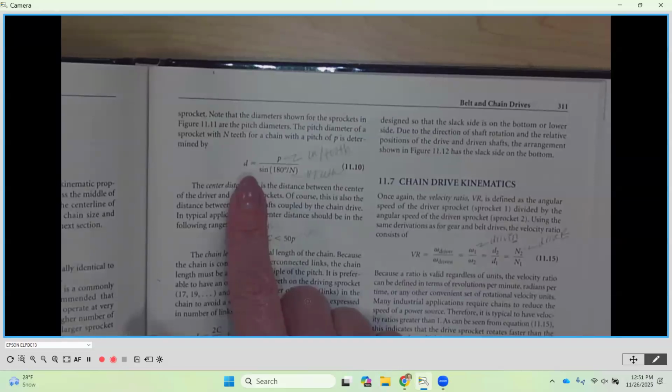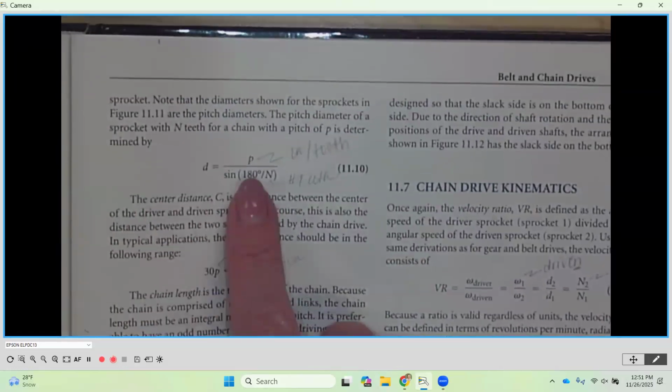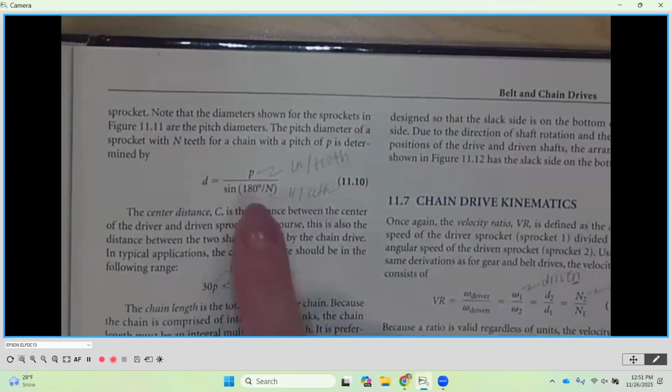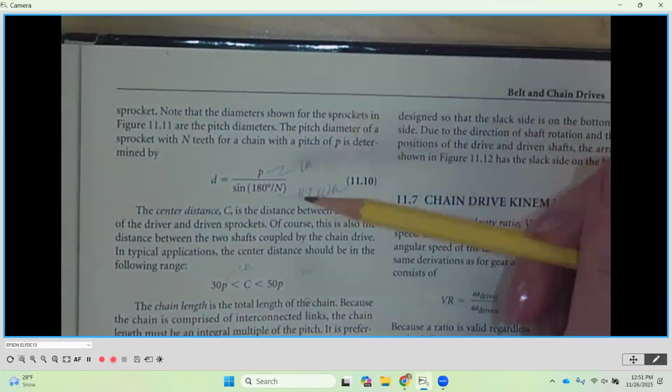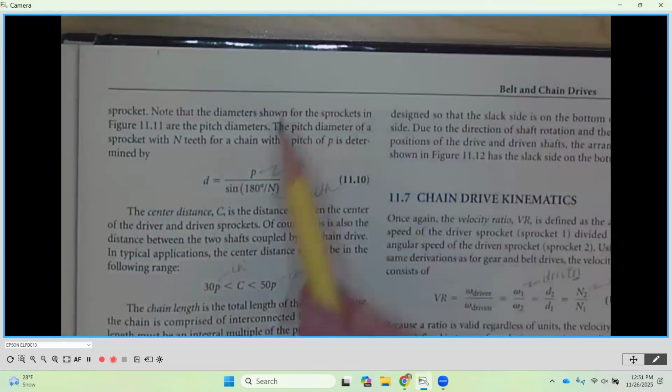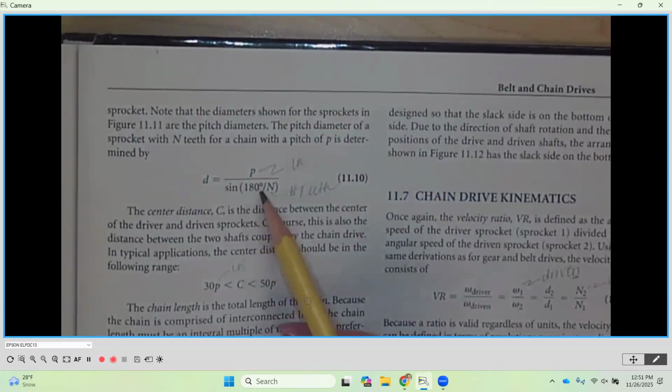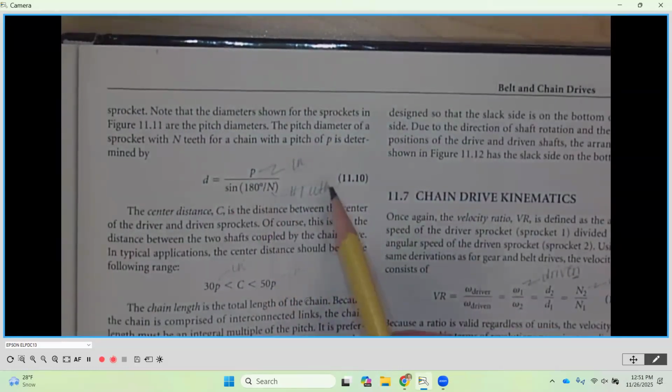So here, the pitch diameter of a sprocket is going to be equal to the pitch in inches divided by the sine of 180 degrees divided by the number of teeth.